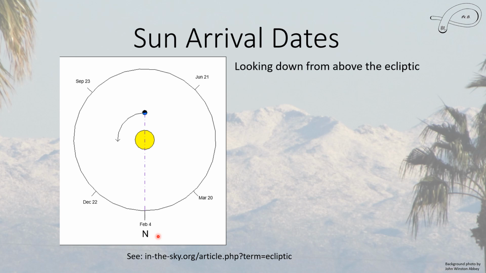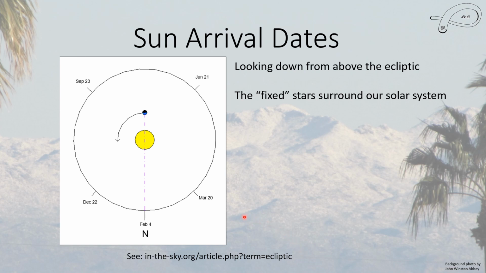Now, if you want to see a more complete description of this, there's a website here, and in this one they talk about how the sun moves through the Western astrology signs, the Aquarius and so forth. And it's actually better than what I'm describing here because it's more complete. So if you want to understand this a little more, I think it will help.